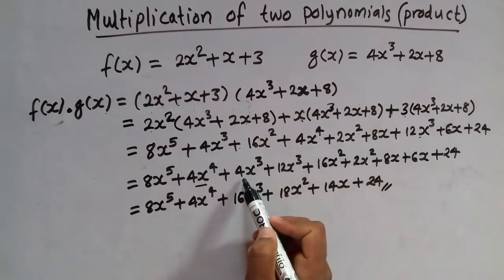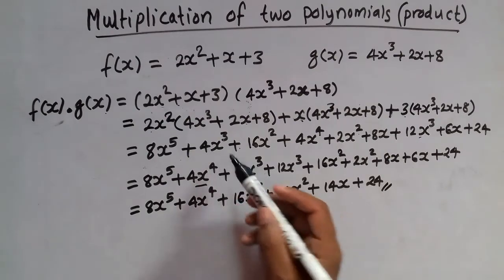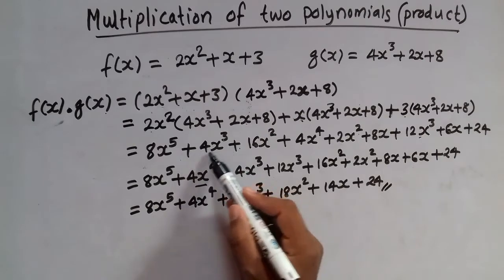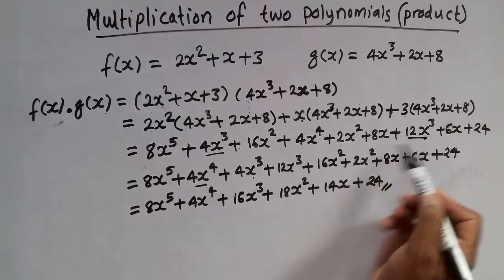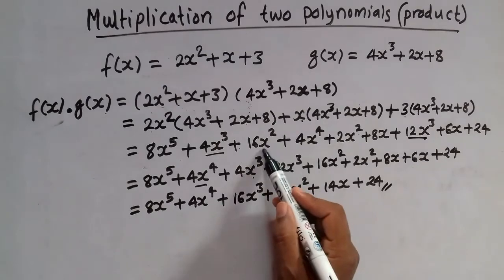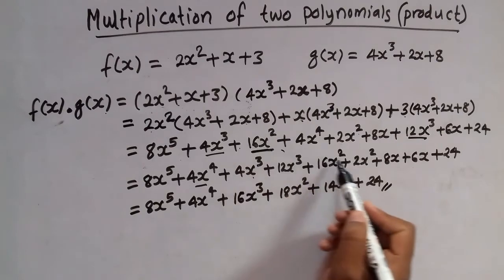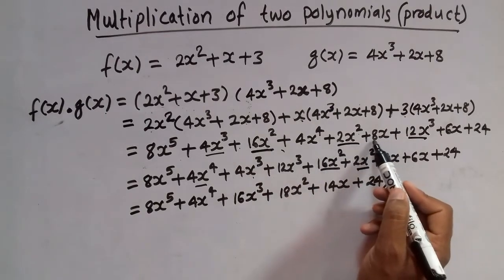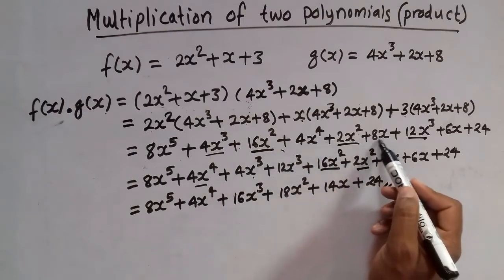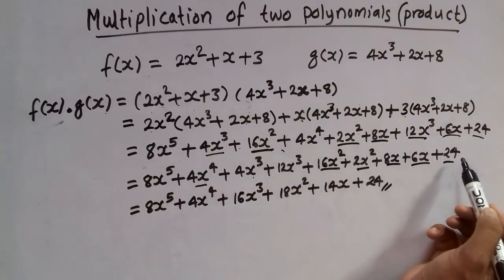Then we are writing the terms containing x power 3. Here is one term and here is another term, and then we are writing the terms containing power 2. This is one and another is here. Then this we have already written, then 8x, then 6x and 24.